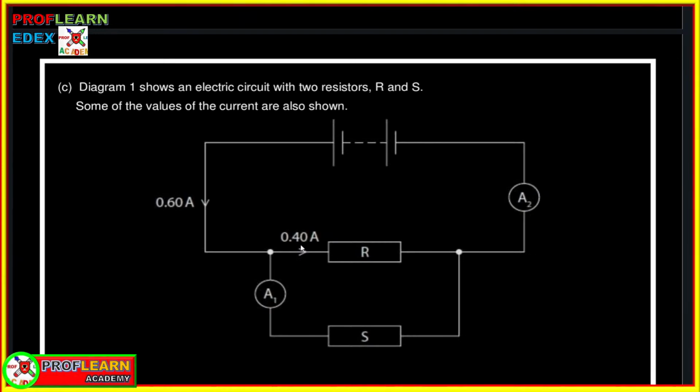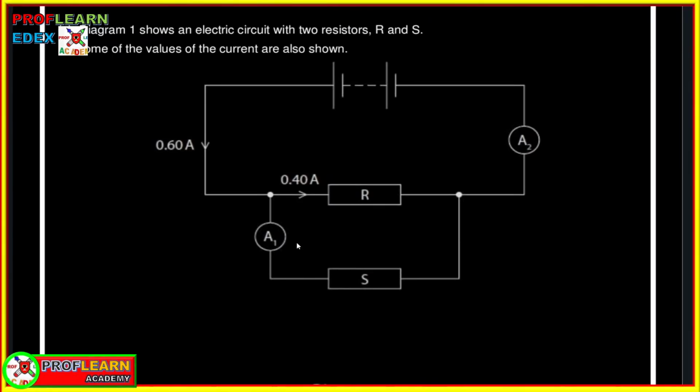Here the current flowing is 0.4 amperes. The current that is going to flow down here is going to be 0.20 amperes, because this current splits from this, and this current joins here, and the current moving in this direction to this point is 0.60 amperes.